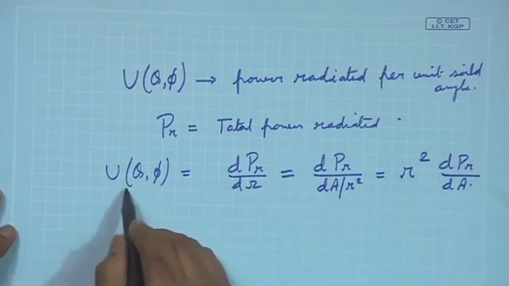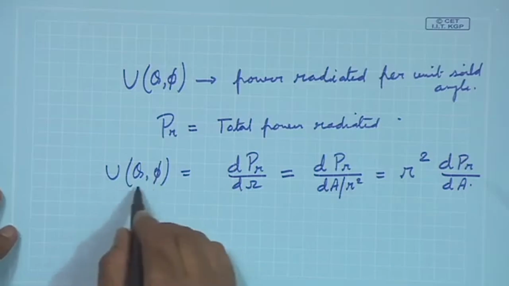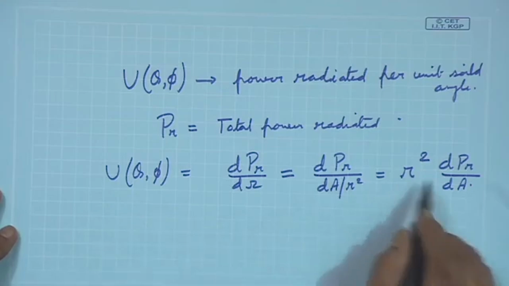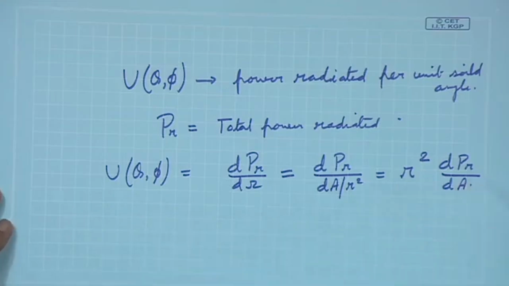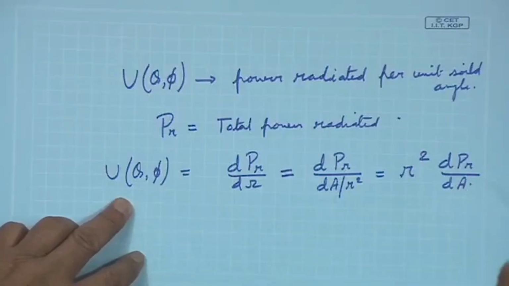So, what is the relation? The radiation intensity is r square into dPr dA, that means per surface area how that is varying, and this is actually the variation along the solid angle. So, this is solid angle variation, and this is on the surface area how the power is varying.